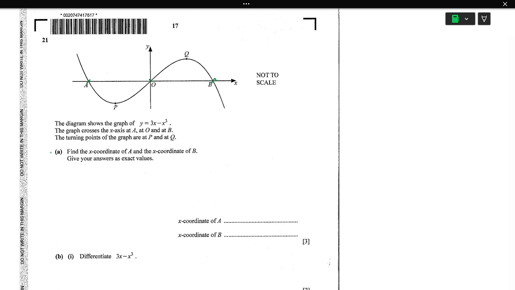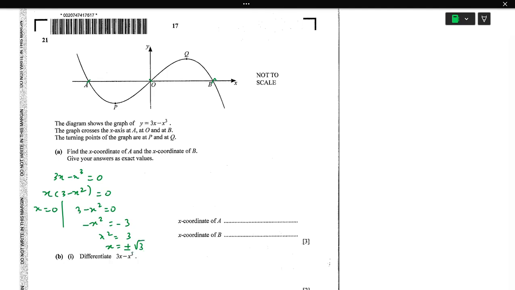On the x-axis y equal to 0, so 3x minus x cube equal to 0. Taking x common, x times 3 minus x square equal to 0, so x equal to 0 and 3 minus x square equal to 0, so x square equal to 3, x equal to plus or minus root 3.